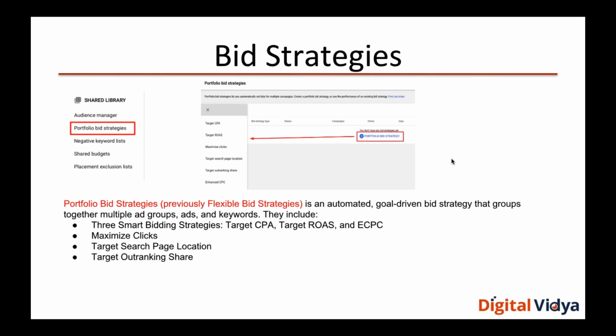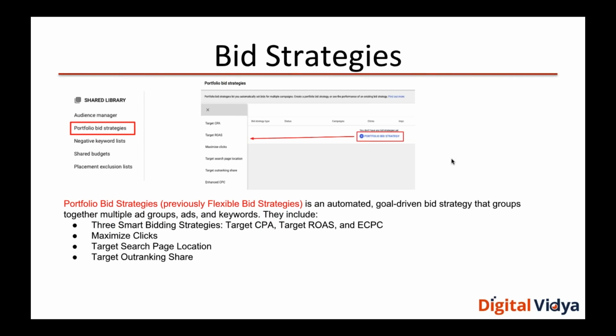Target outranking share means, let's say I am consistently showing up on the first page of search results. And let's say Robin's ad is always showing one place above my ad. So Robin is my competitor, hypothetically. Now I want to know how I can beat and get one place above Robin's ad.